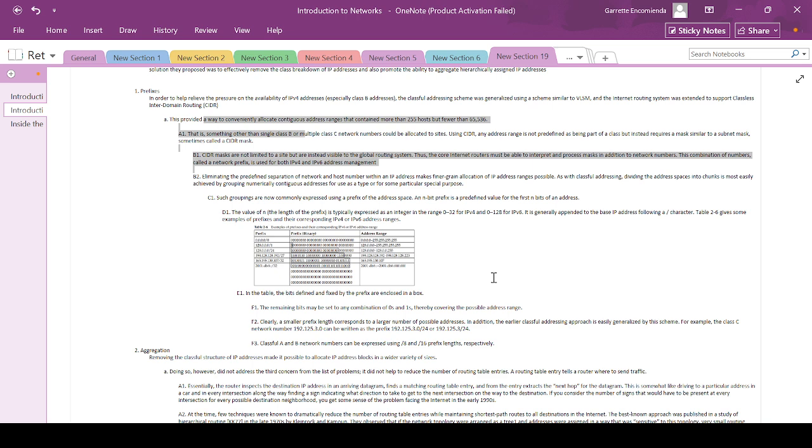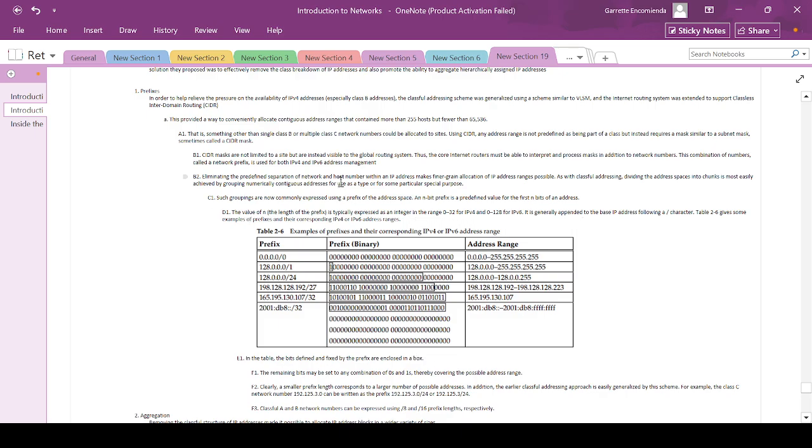That is, something other than a single class B or multiple class C network numbers could be allocated to sites. So a single class B, again, the earlier the class, the more hosts you can provide.